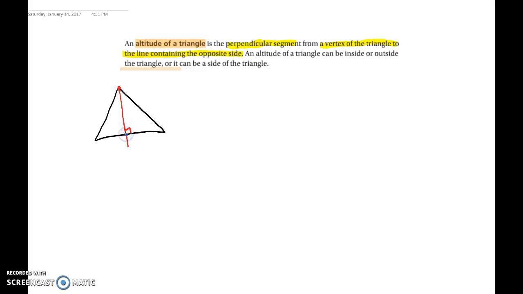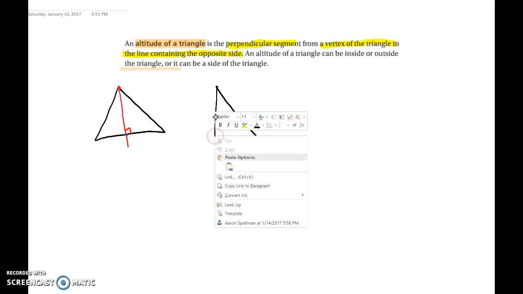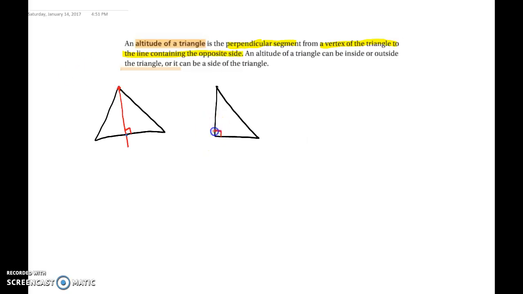All right, now, another way that this could happen is if you have a triangle that looks like this. If we say that this is a right triangle, here's our vertex, we can say that this is our altitude because it's intersecting at a right angle with the opposite side, and we can also say that this side down here is an altitude because here's our vertex, and it's intersecting perpendicular with the opposite side.